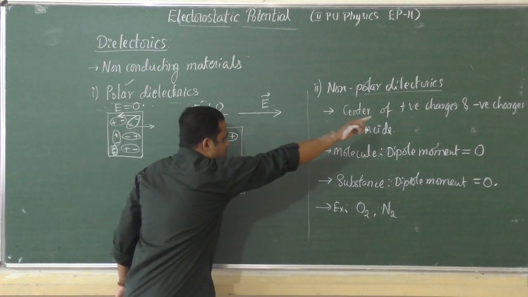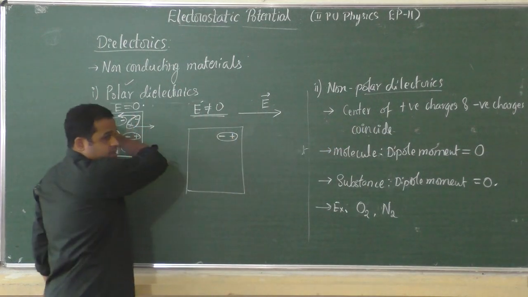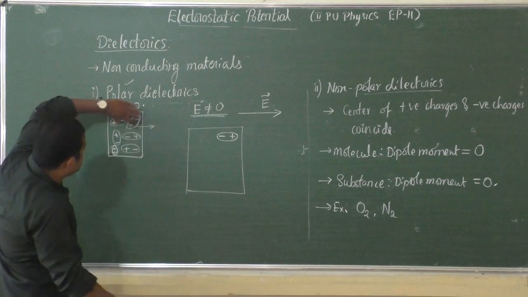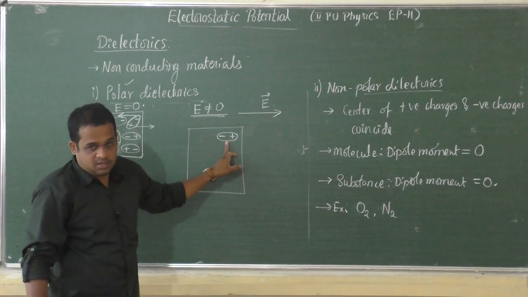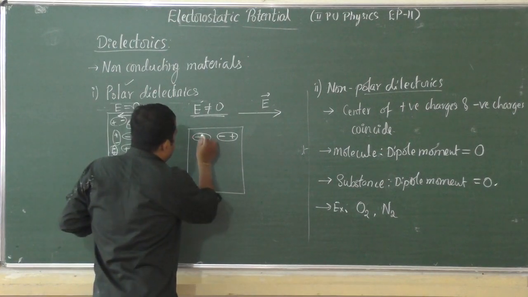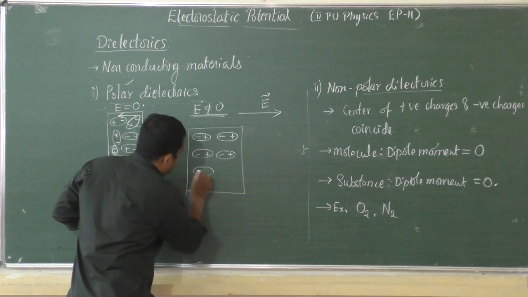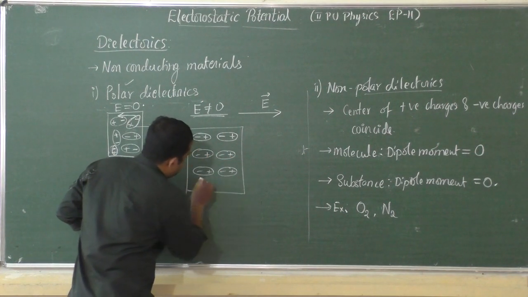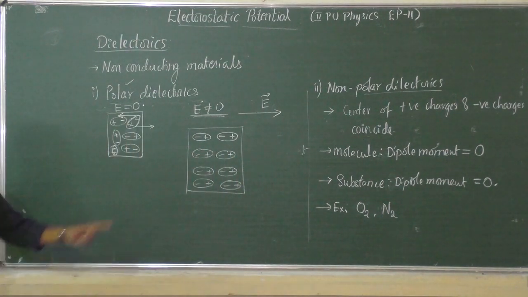Positive is attracted along the direction of the field, negative experiences a force in the opposite direction, so this dipole gets rotated like this. That means this is the new position of the dipole. For all the molecular dipoles we can write the same condition, minus plus, minus plus, minus plus. This will be the situation.